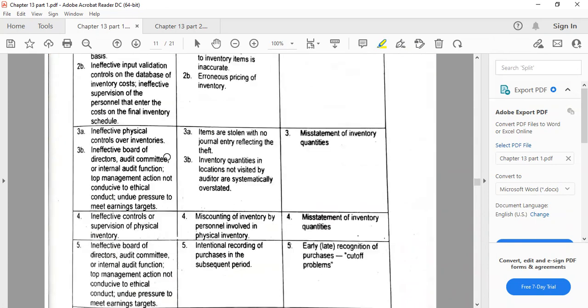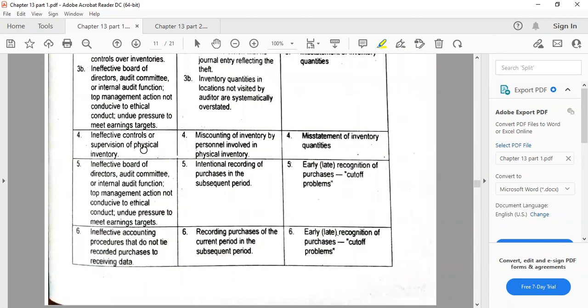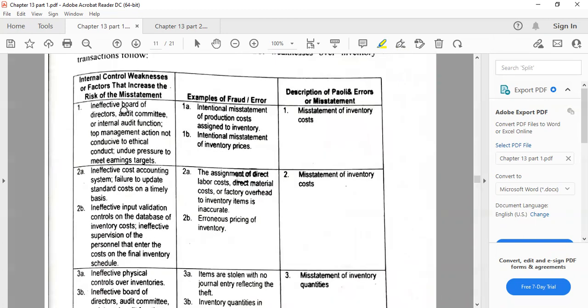So here are the common control weaknesses. First, ineffective board of directors, audit committee, or internal audit function. If our board of directors and audit committee are ineffective, these are examples of frauds or errors that might occur because of such weakness.